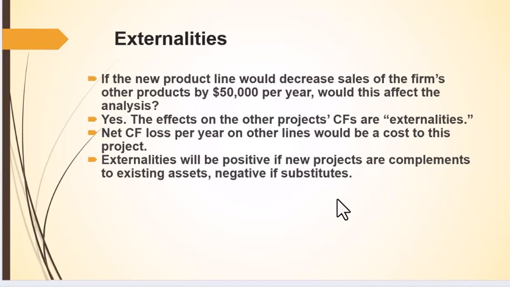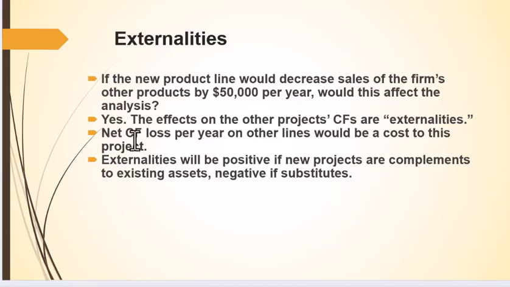Externalities happen frequently, especially when we talk about product lines, right? So if a new product line is going to decrease sales of the other products by 50 grand a year, should that affect our analysis? And of course, the answer is yes, because we're actually not going to receive that $50,000.